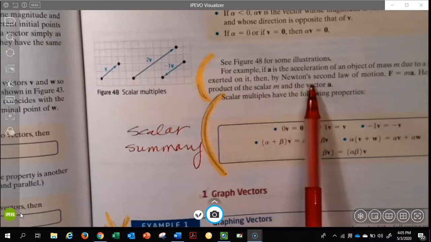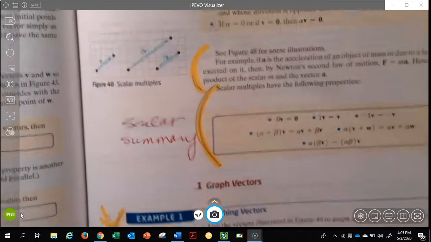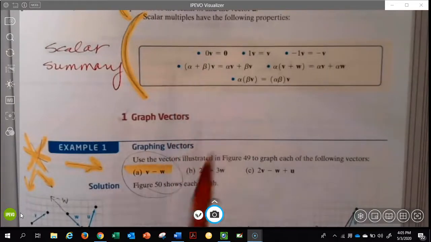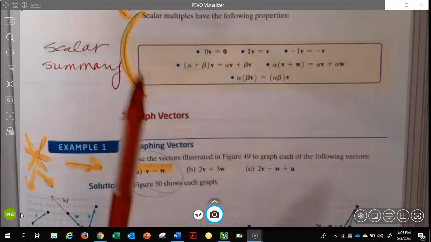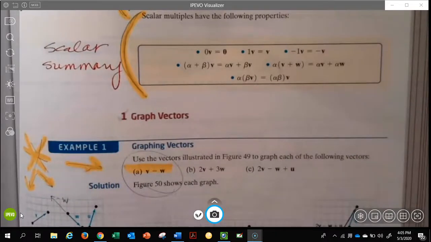The scalar is m and the vector is A. I do want you to note here is a scalar summary. And a lot of these you're going to be like, oh, yeah, I already knew that. Right, but I want you to realize it's no big deal, and yeah, you already knew that.